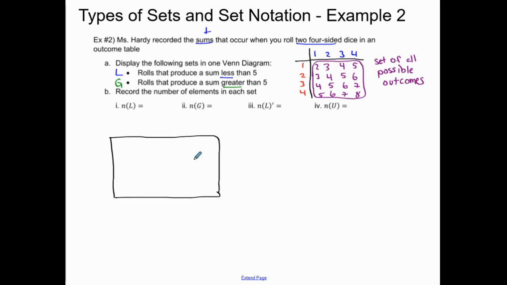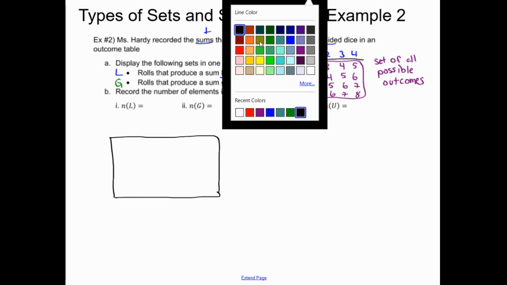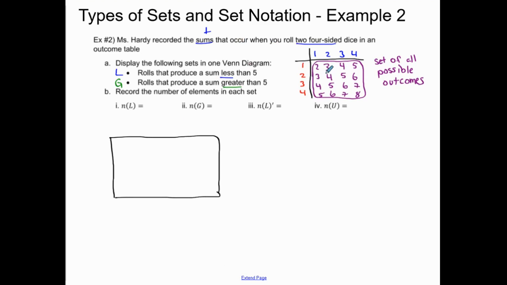Okay, now the sums that are less than 5, if I take a look here, are 2, 3, 4. 5 isn't less than 5. So all these results were less than 5. So I have 2, 3, 3, 4, 4, 4. Because we're mathematicians and we like to write things in order, numerically.